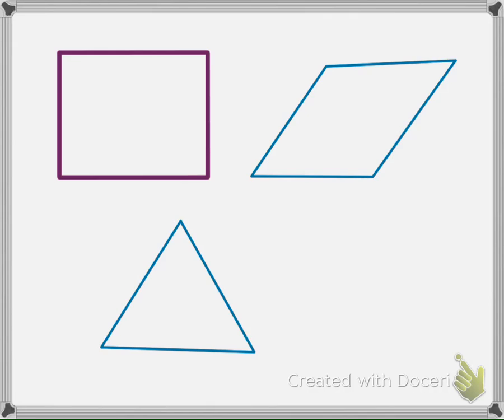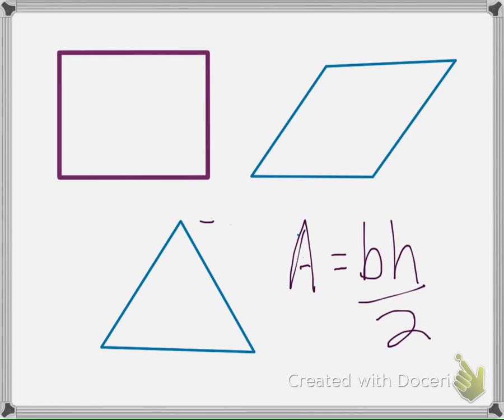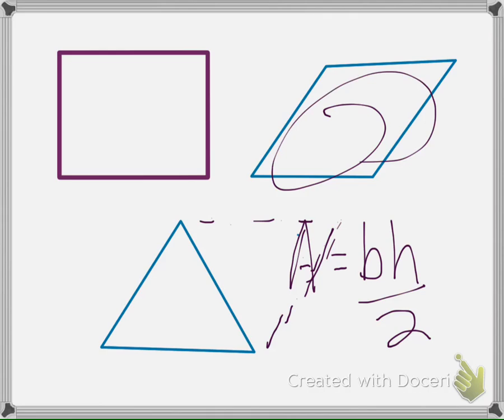All we have to do is take area equals base times height and then divide it by 2, because all triangles are basically half of an imaginary parallelogram. Okay. Now, today's challenge is going to be this.